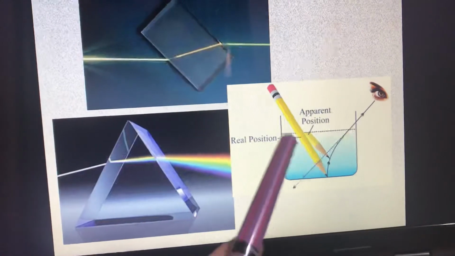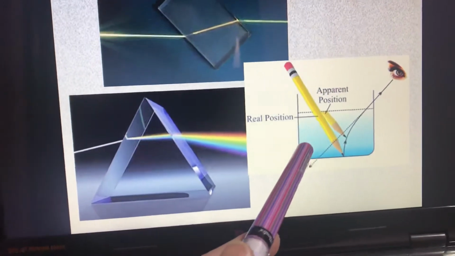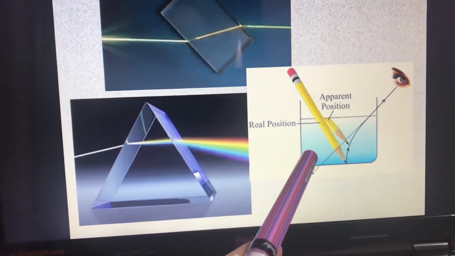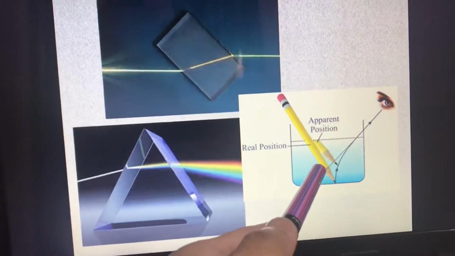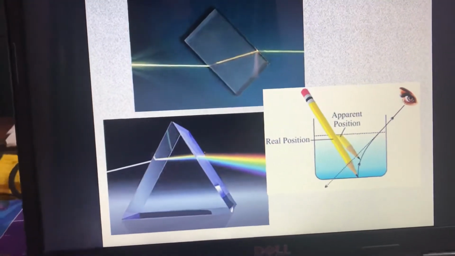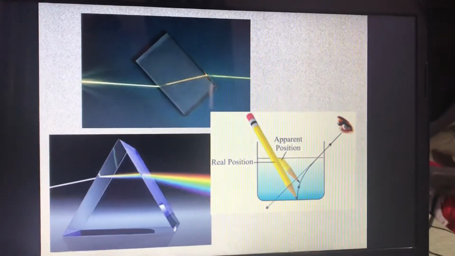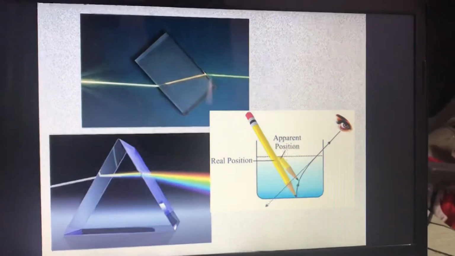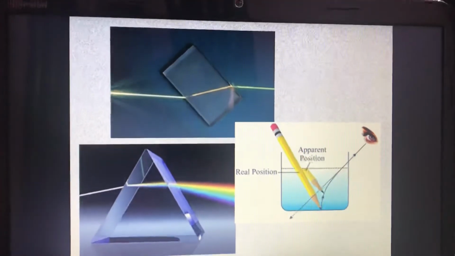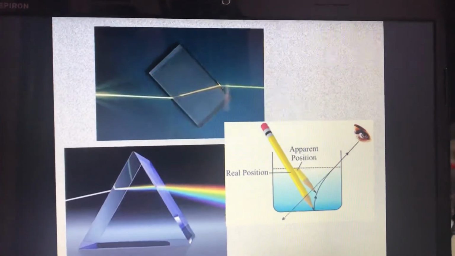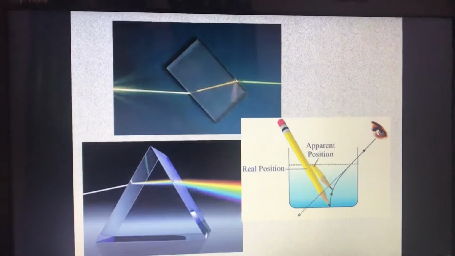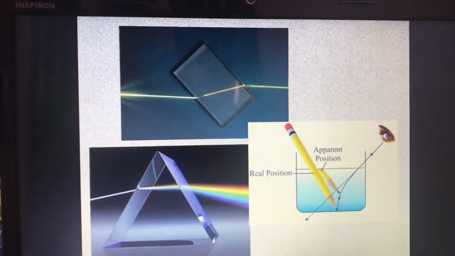And a pencil dipped in water, what happens to it? These phenomena are due to refraction of light. Now we are going to see what is meant by refraction of light and what is responsible for all these phenomena.